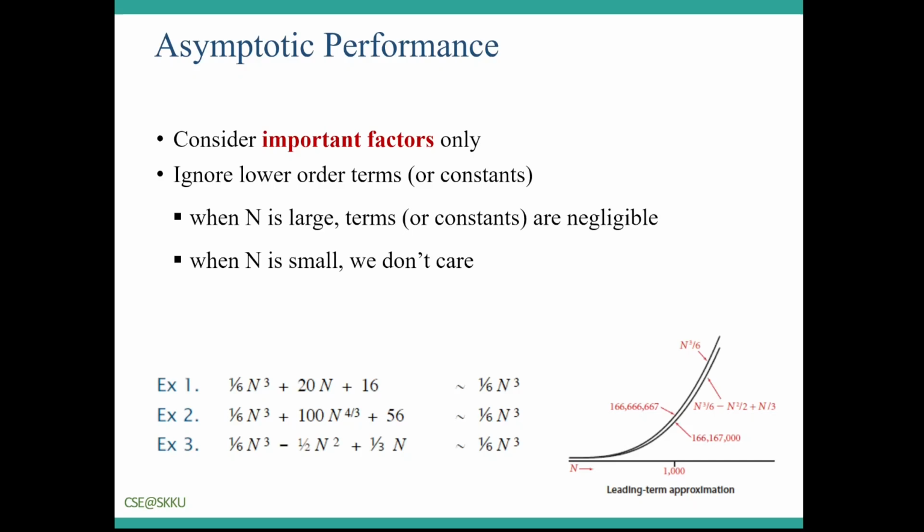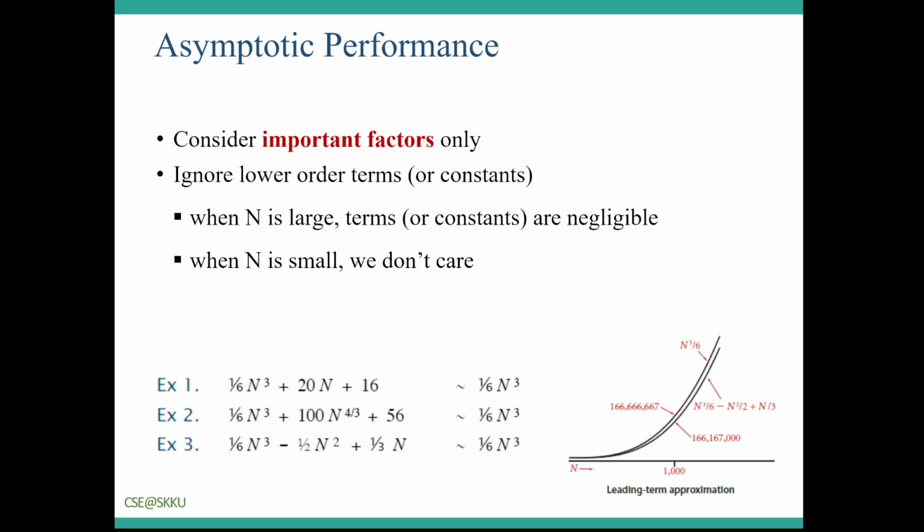The third one includes the same 16n cubed minus 1/2 n squared and plus 1/3 n. At first glance, these all look different, okay?